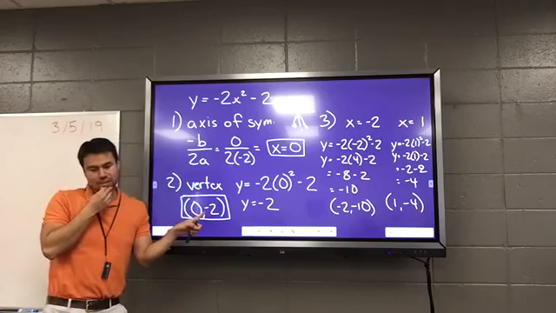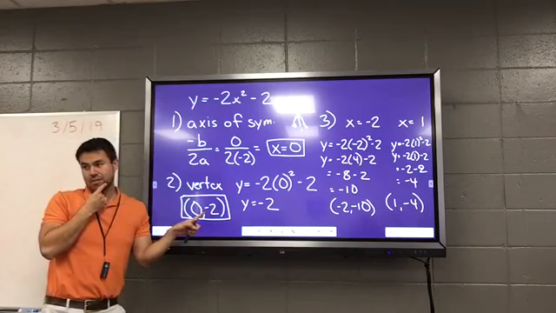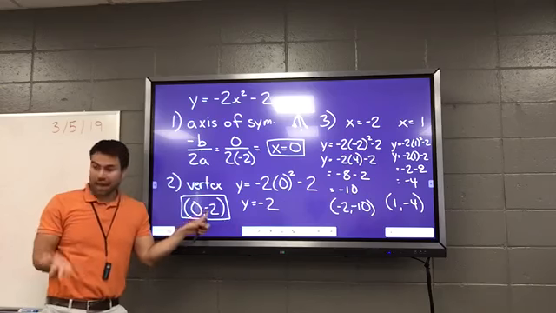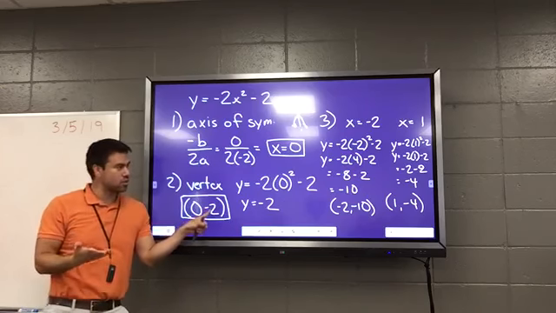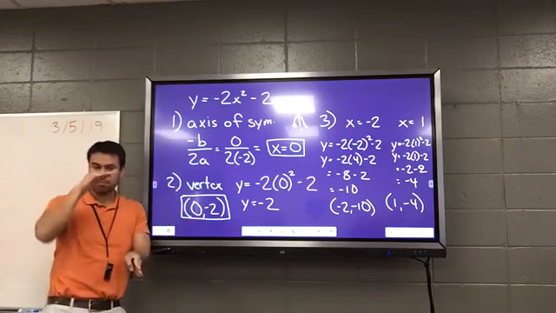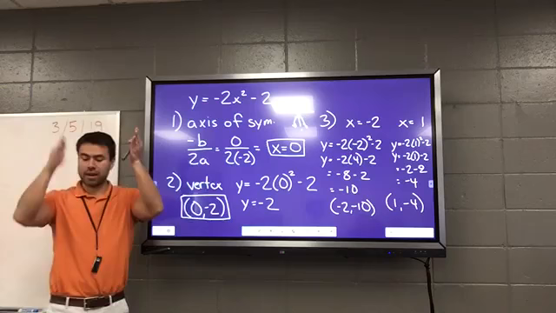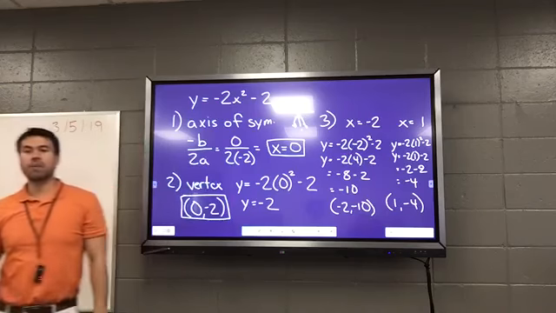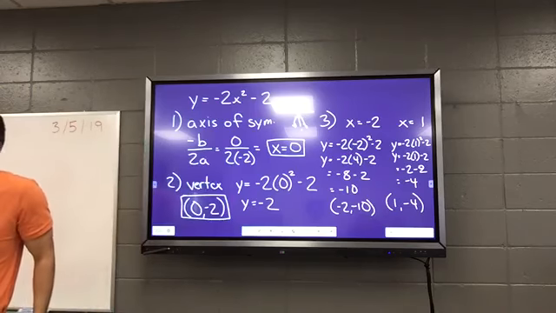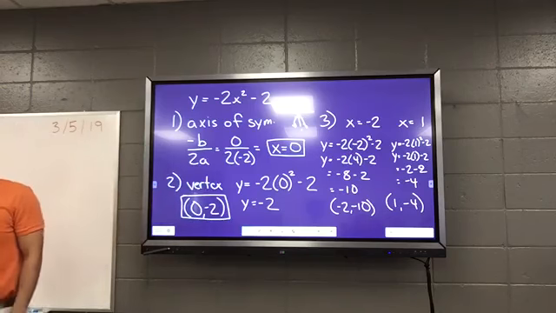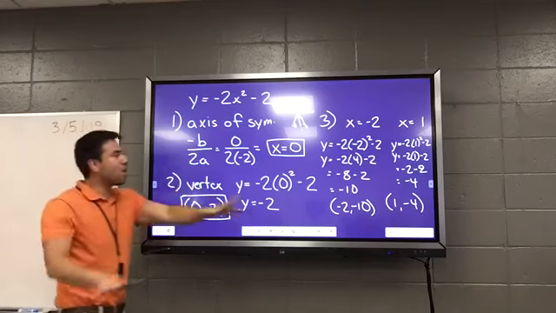So if you're going for minimum and maximum, you want to see if it's the minimum y value or the maximum y value, and you're like, how do you know which one is which? Well, does it open downward? It has a max. Or does it open upward? It has a minimum. What are the x-intercepts? No x-intercepts.